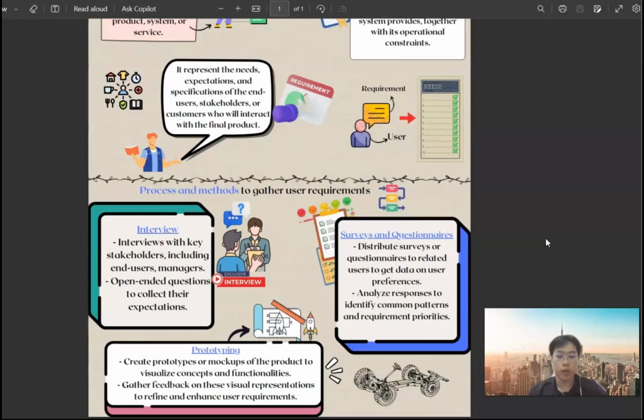Then we will be able to get the correct and efficient sample. So after distributing all the surveys, we can proceed to step 5, which is analysis.